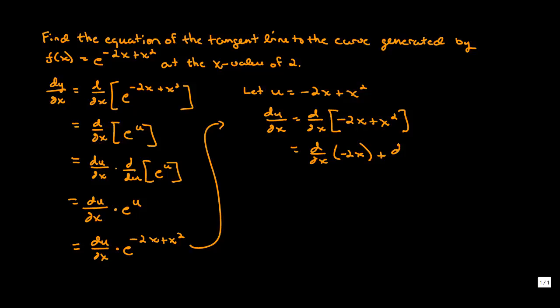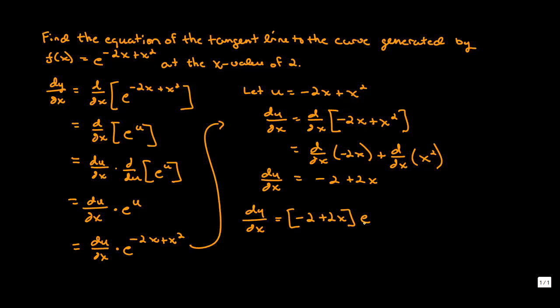And so clearly this guy here is negative 2, and this guy here is 2x. So that's what du dx is. So we're going to replace that right here, and we're going to end up with dy dx is equal to negative 2 plus 2x times e to the negative 2x plus x squared.